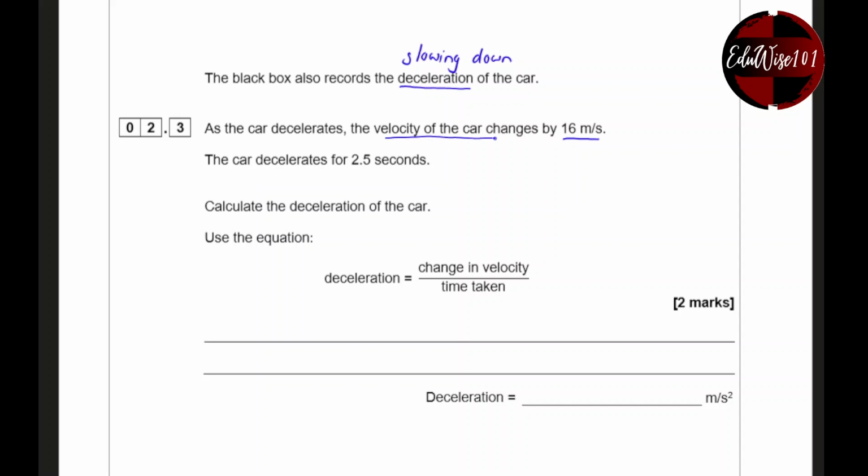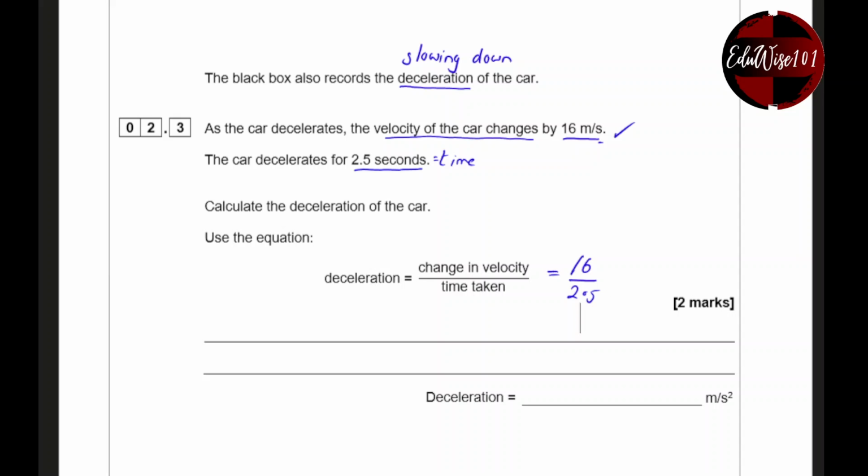The car decelerates for 2.5 seconds. That is the time. Calculate the deceleration of the car. Use the equation. So they have given you the equation. Deceleration equals change in velocity, which is 16, as they have said over here, divided by the time taken, 2.5.